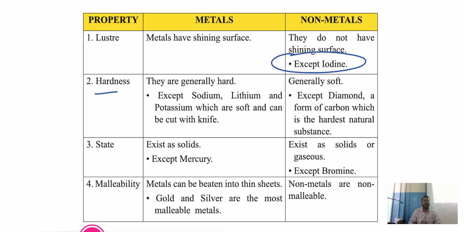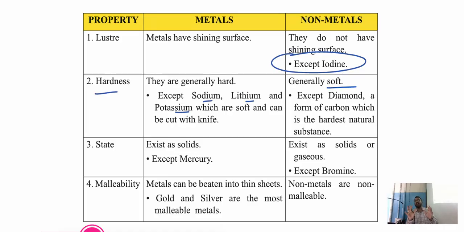And similarly, hardness. Already you know that metals are hard in nature. They are generally hard, except sodium, lithium, and potassium. My dear students, actually, metals are hard in nature and non-metals are soft in nature.